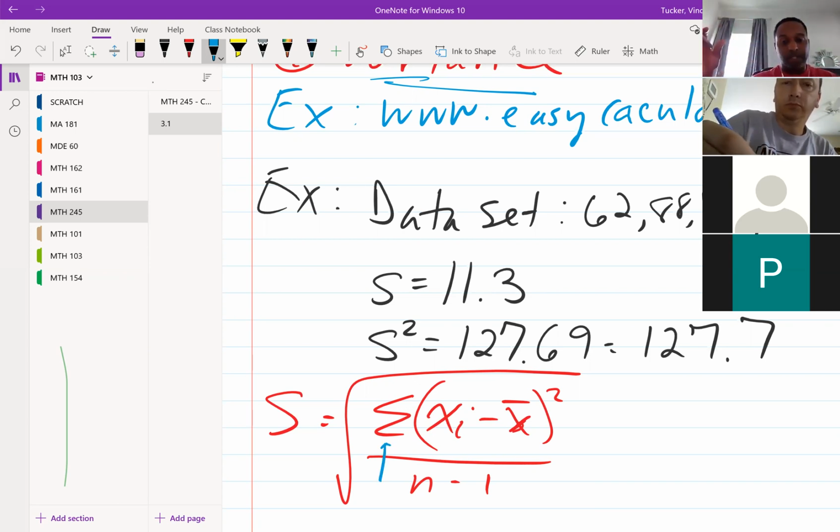That means the summation. So what you have to do is you take your data value. This is your data value. This is your average. And I will talk about notation in a second as well. You have to subtract the average from each data value that you have. Then you have to square each one of those. Then you add them together. Then divide by n, where n is the number of data values that you have, minus 1.